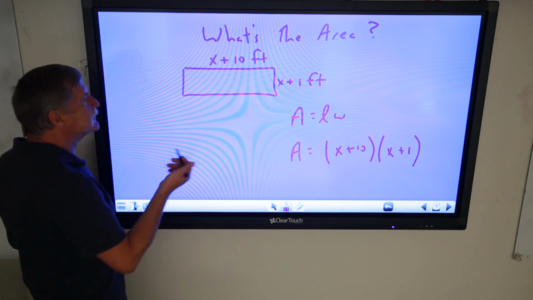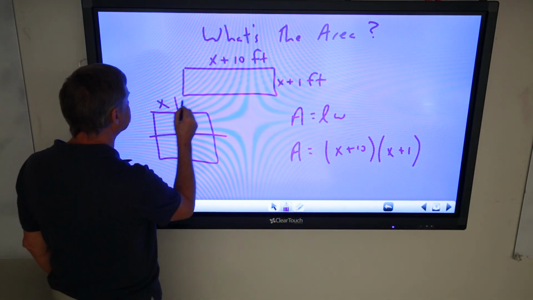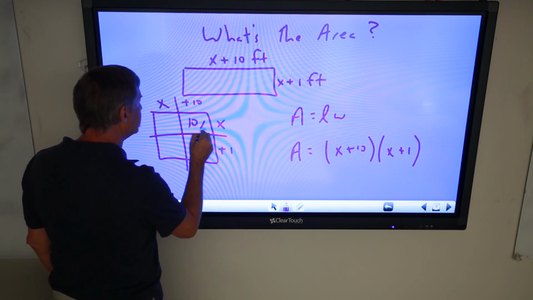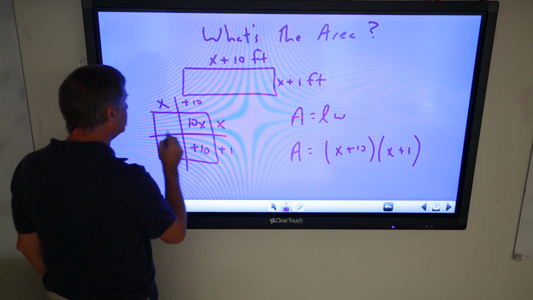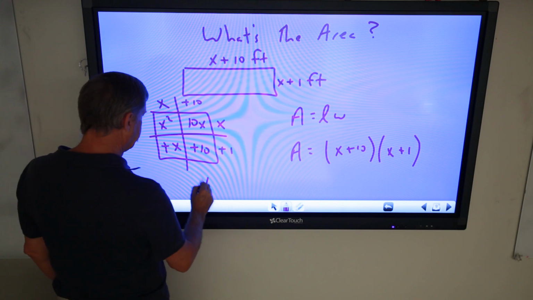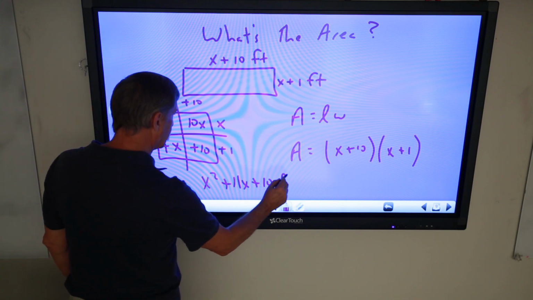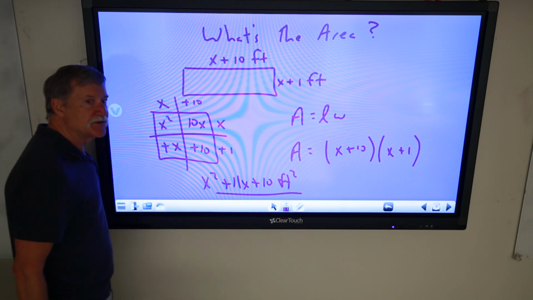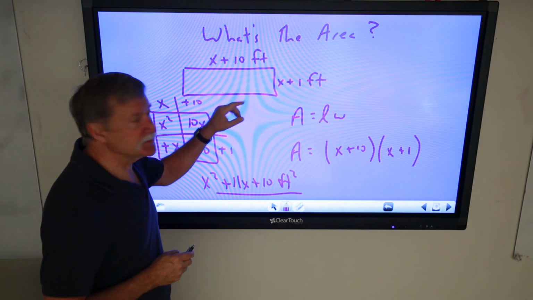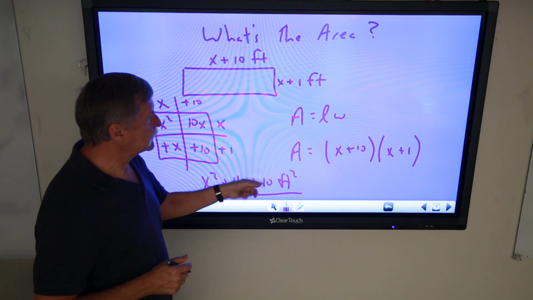So let's lattice this. And that gives me an x and a plus 10, and an x and a plus 1, 10x plus 10, x squared plus an x. That gives me x squared plus 11x plus 10 square feet. Yeah, I bet you forgot the square feet, huh? Just because we're talking weird measurements with variables and binomials and so forth, it's still feet times feet, square feet.